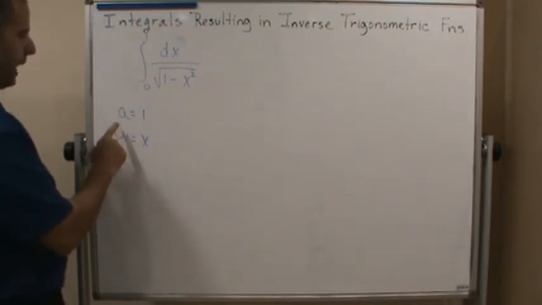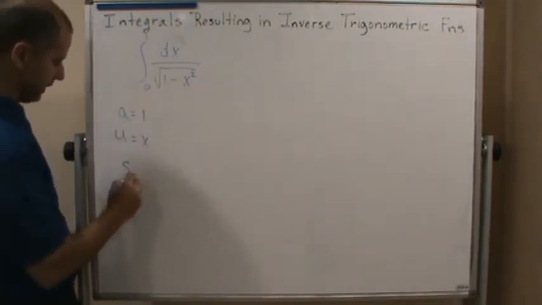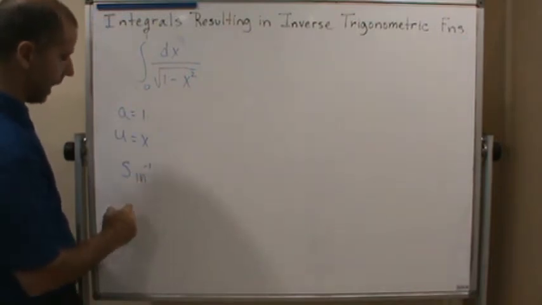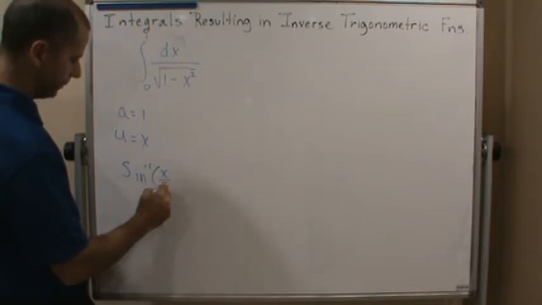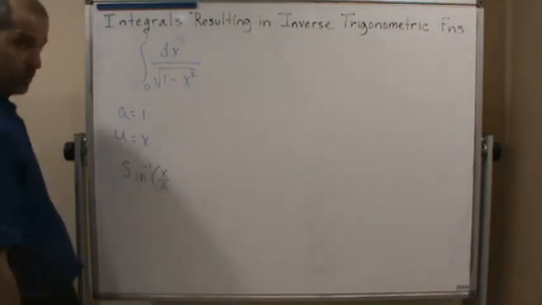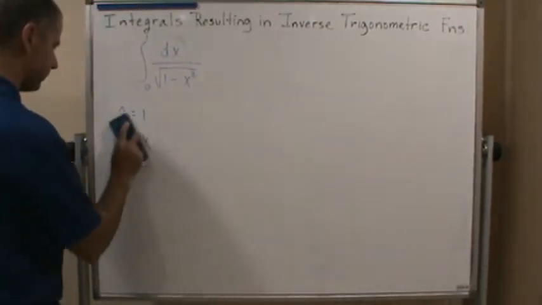Remember, the integral of this thing is inverse sine of x over a. But a is 1, so it's just going to be the inverse sine of x.